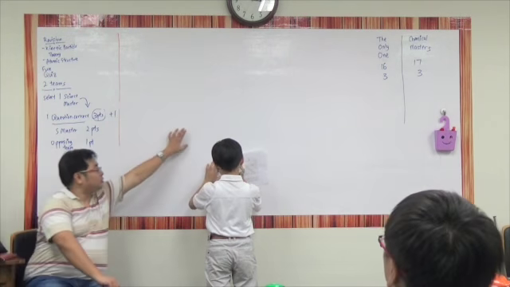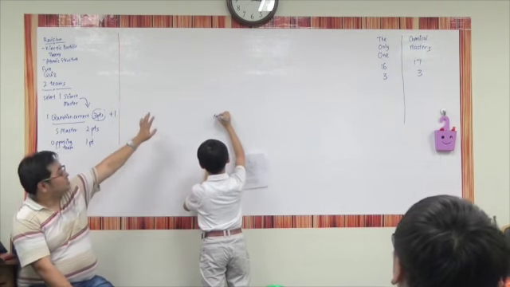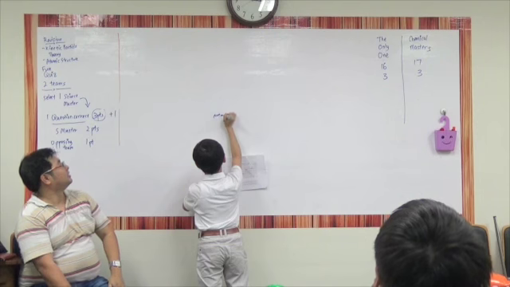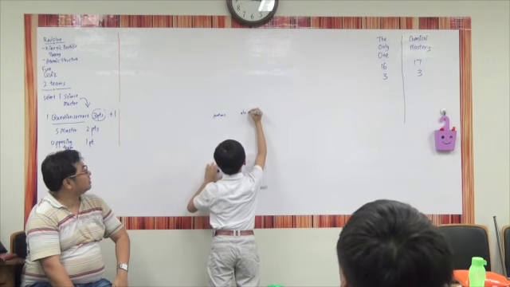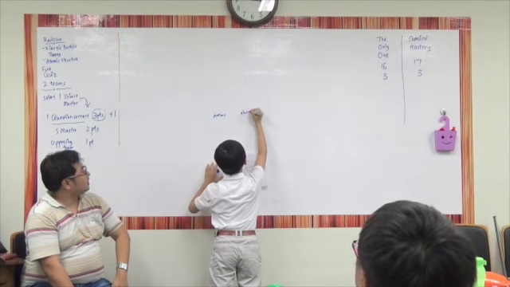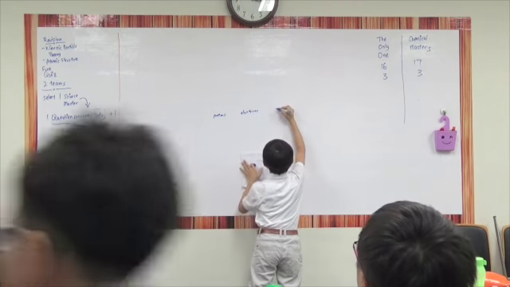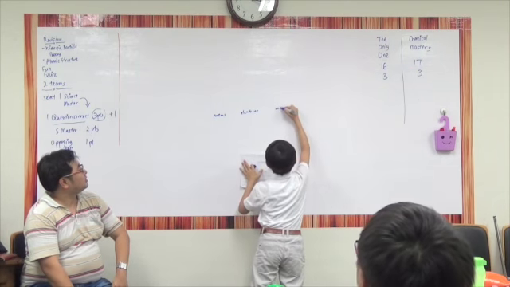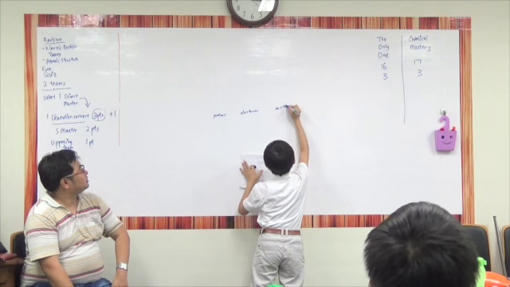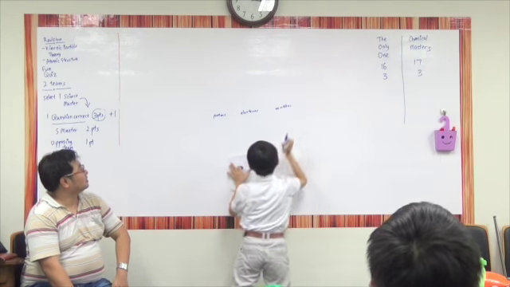Just write down here. The protons, how many? Then, okay, that's very cute. I'm writing there. Okay, electrons and neutrons.